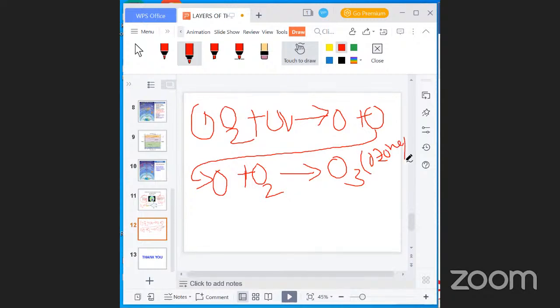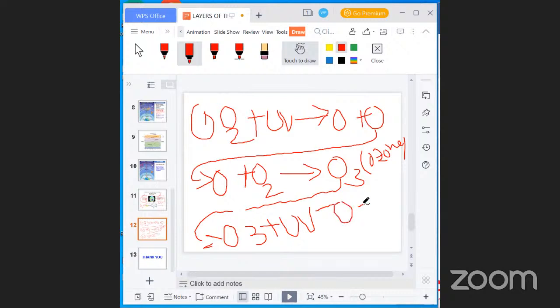Right? So then next, this O3 again, plus ultraviolet radiation, gives O plus O2.